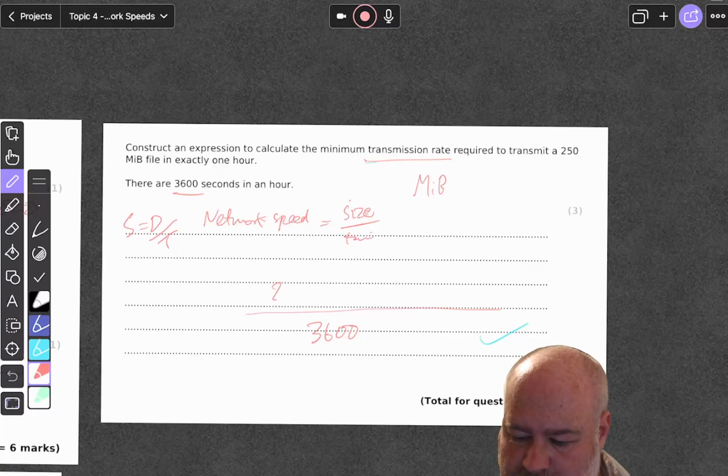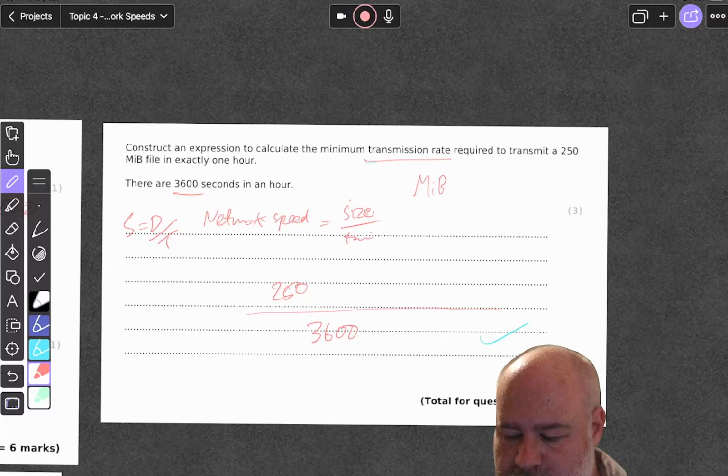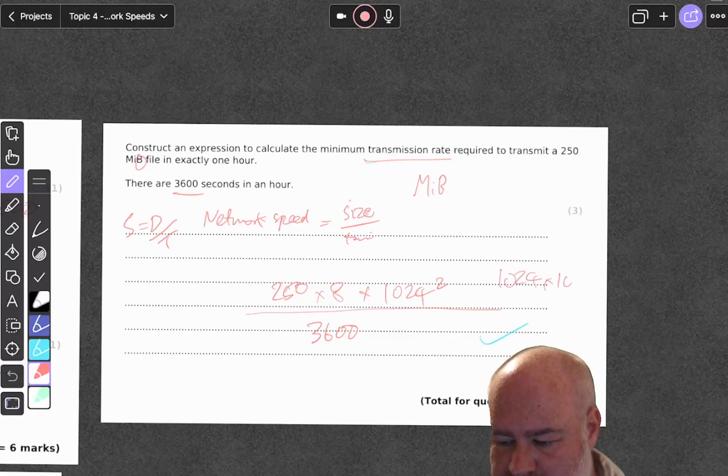It's definitely going to be 250, but remember, we've got 8 bits per byte, so we want to times that by 8, because we're not dealing with bytes, we're talking about bits here. And we also need to times that by the mebi part, which is 1024 to the power of 2. You could also write 1024 times 1024, and that would also be fine.